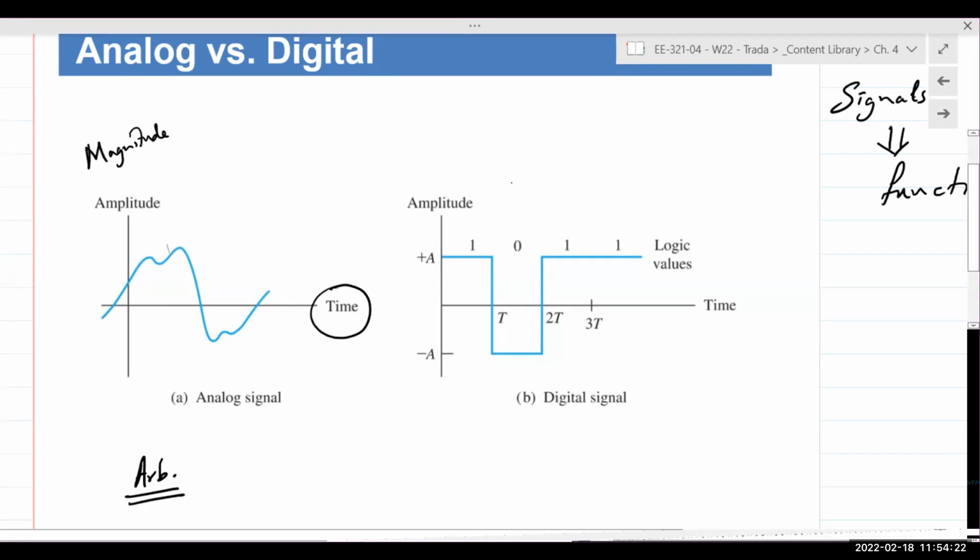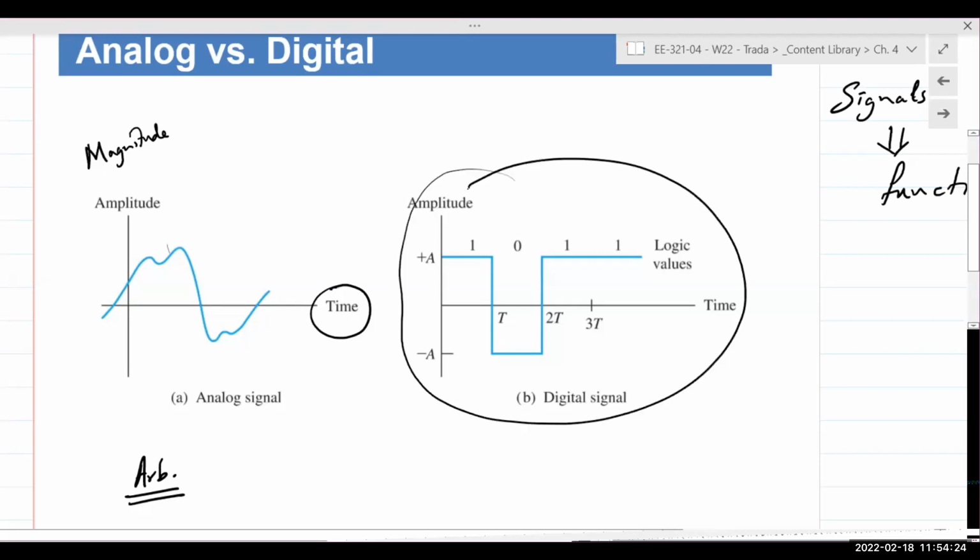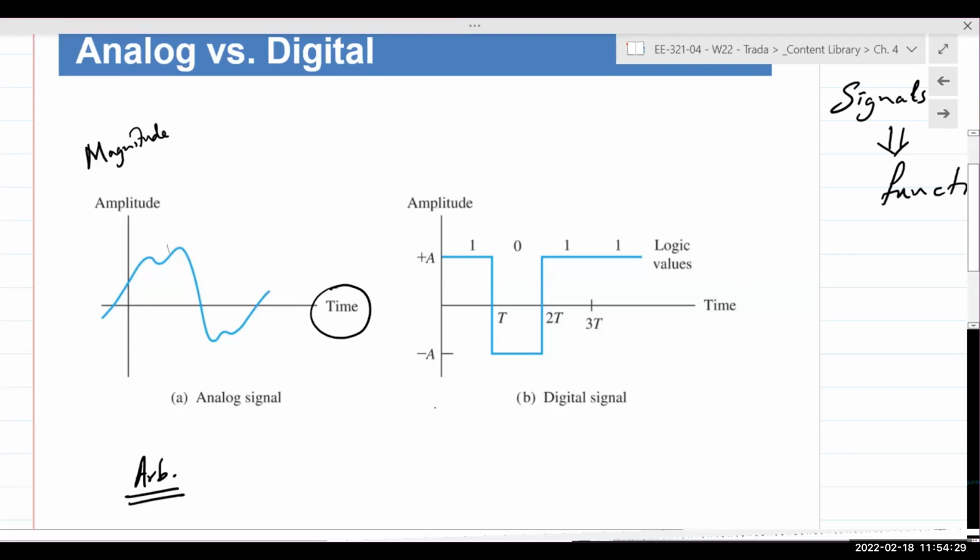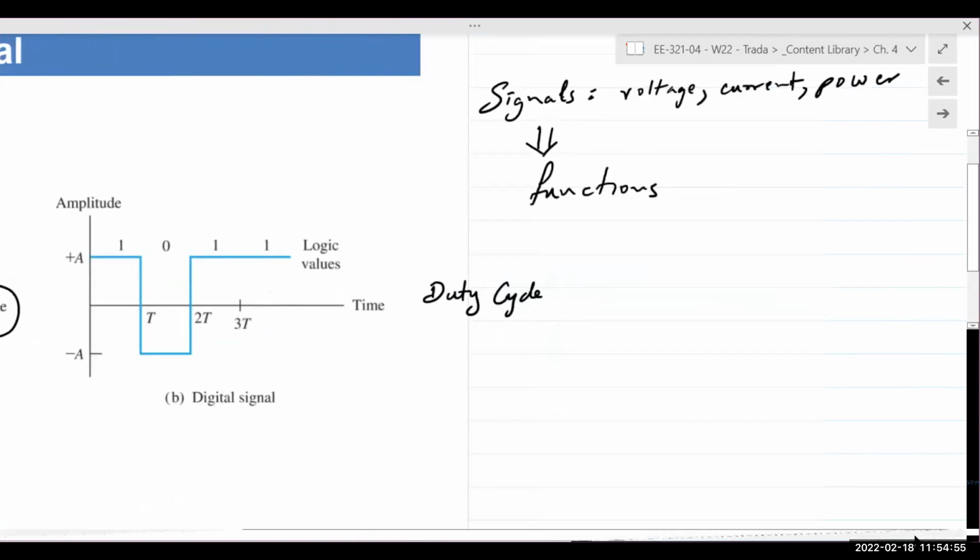On the right here, we have a representation of a digital signal. A digital signal is still a waveform, but it is in the form of a rectangular pulse. Typically, a digital signal may have a 50% duty cycle. Duty cycle refers to the ratio of time for which it is on and for which it is off.